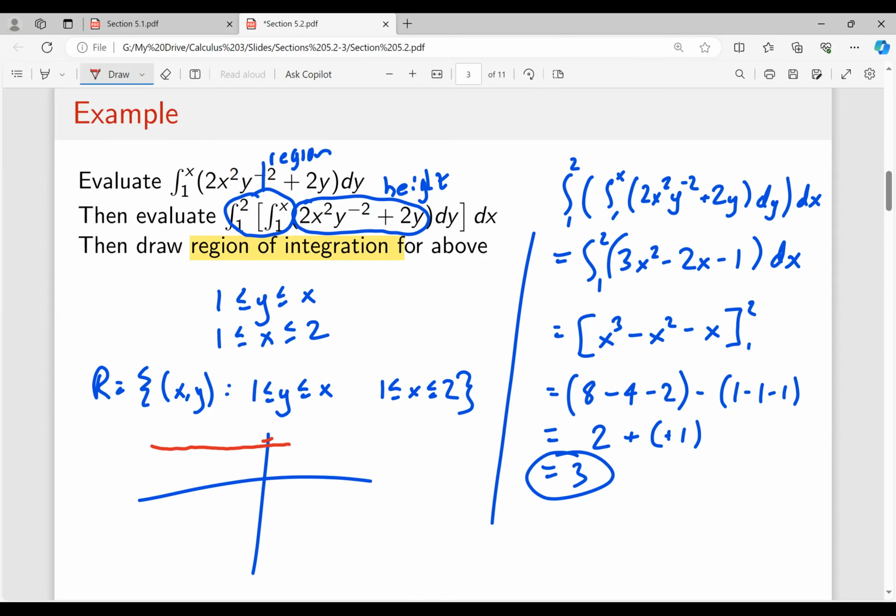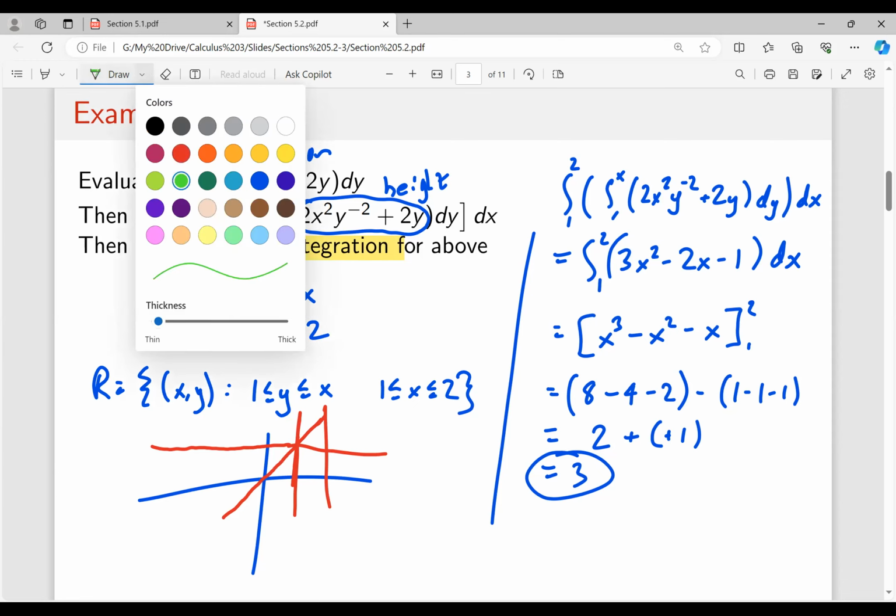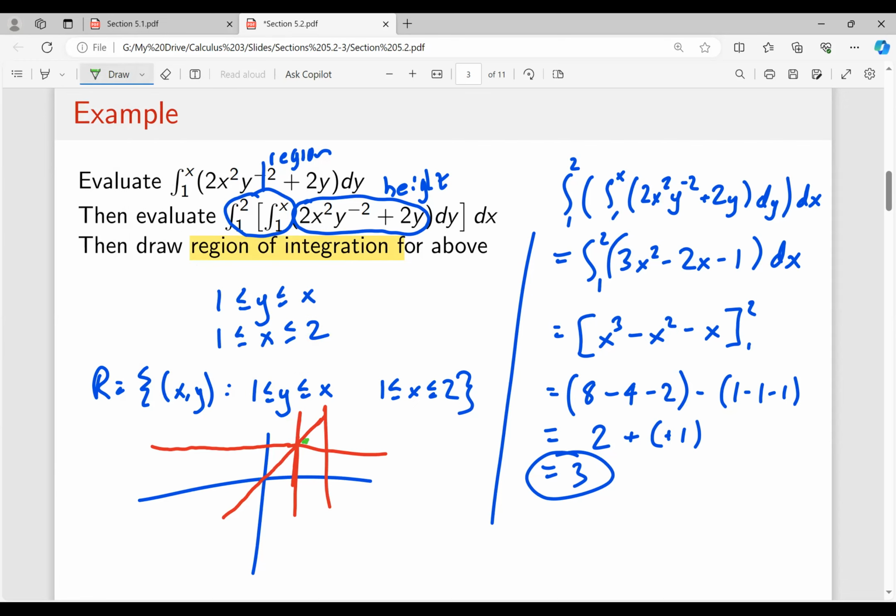All right, y equals 1 and y equals x, and x is 1, and x is 2. So that gives me this region right here, because y is greater than or equal to 1 and less than or equal to x, and x is between 1 and 2.